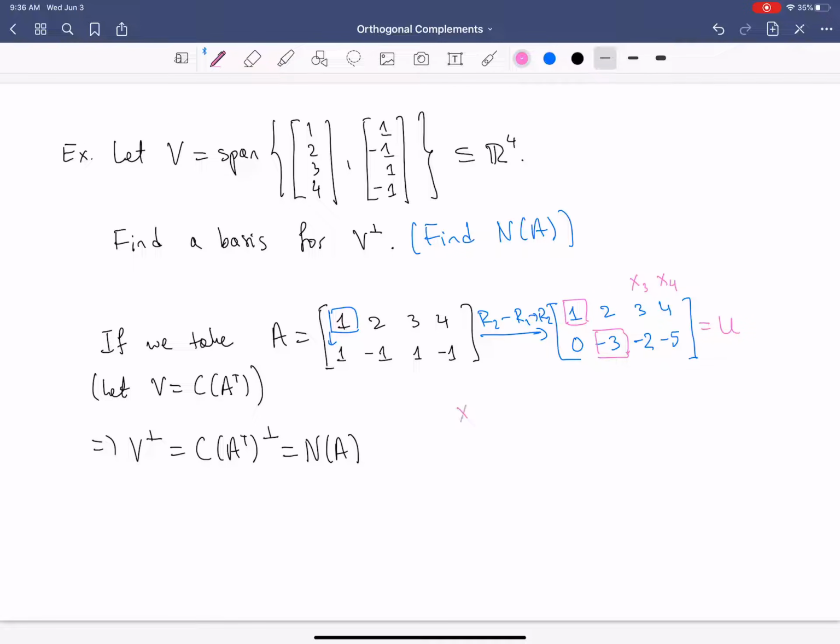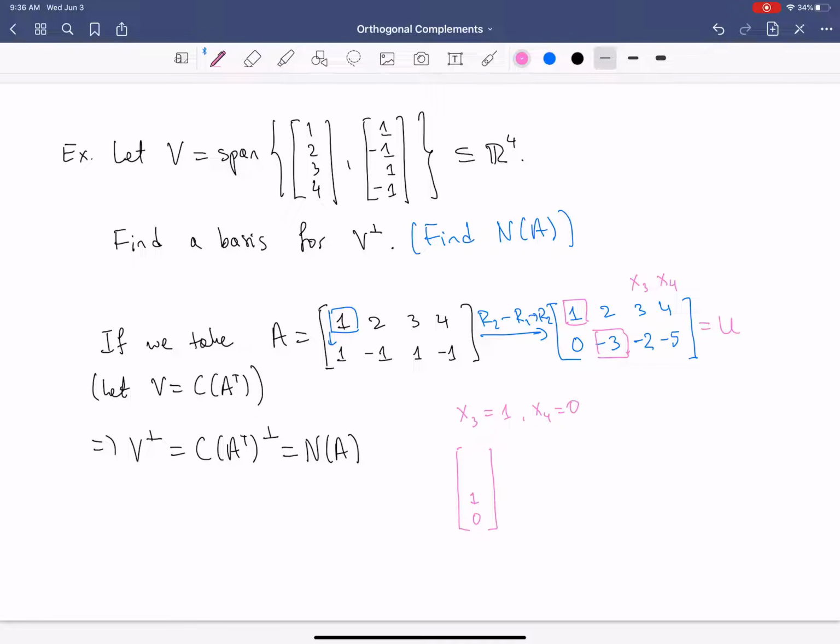Well, I'm going to set x3 to be 1 and x4 to be 0 for the first solution. From the second equation, I'm going to get an x with the last components being 1 and 0. Then using this, I want to make sure that the second row of U is orthogonal to whatever vector I'm going to put here.